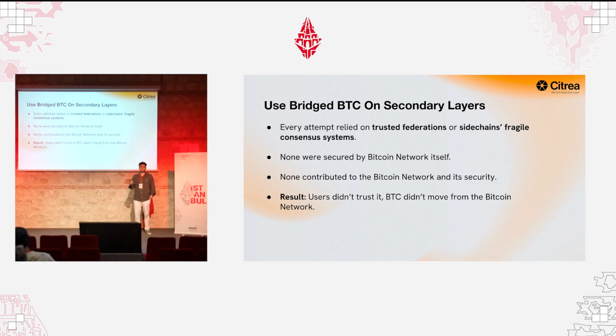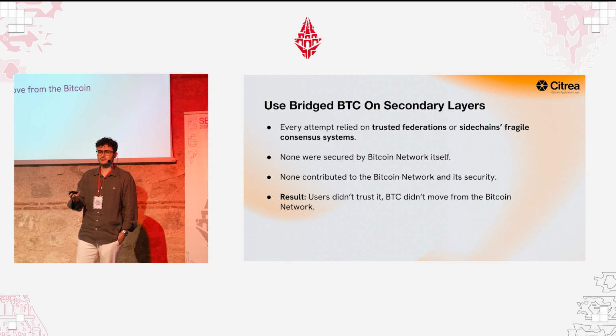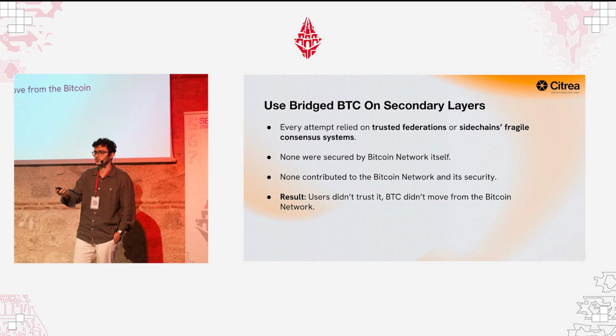For example, Rootstock has a 5 of 9 multisig. You're basically depositing your money to their multisig and expecting them to mint, and also to let your withdrawal pass. We have Liquid, which has a trusted federation of, again, like 9 members, and withdrawals are permissioned. You cannot withdraw anytime.